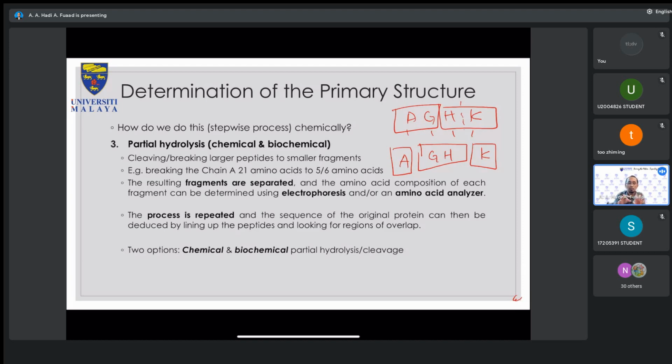But nonetheless, you know that these two amino acids are next to one another. And perhaps if you can get the additional info that G and H are also next to one another, then because you know A is next to G, G is next to H, H is next to K, you can combine the puzzle pieces and pretty much identify your sequence.